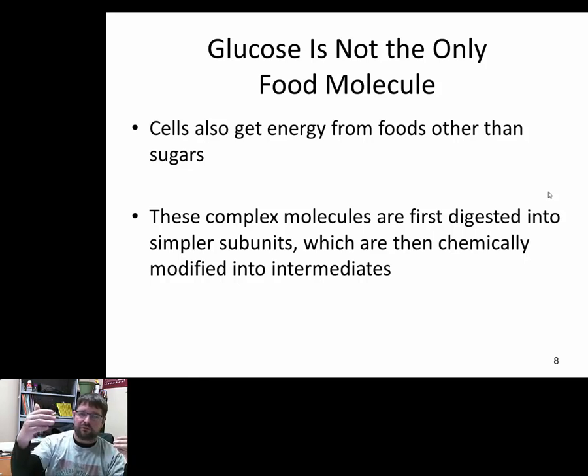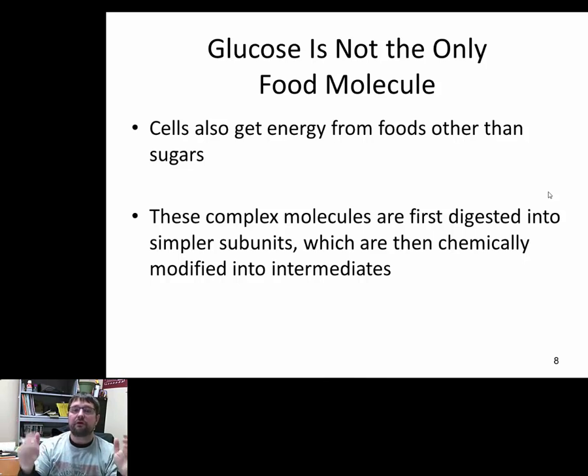So, we talked about sucrose before. Table sugar has to encounter sucrase, that enzyme, and be broken down into fructose and glucose. Now, the glucose molecule can enter right into glycolysis, but the fructose molecule has to be converted even further. It has to change just a little bit to go into glycolysis.